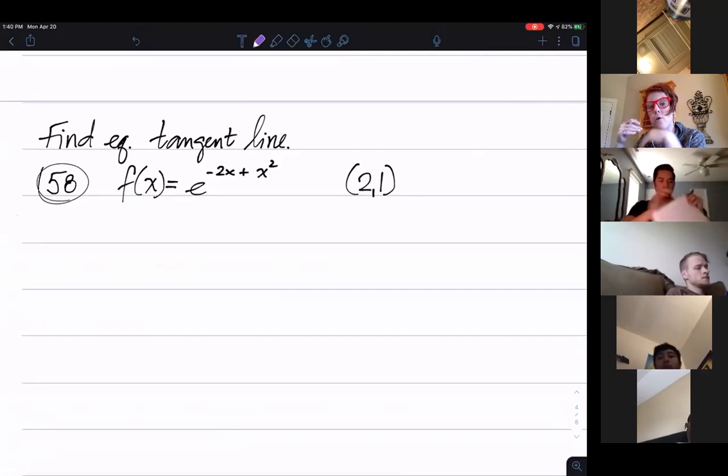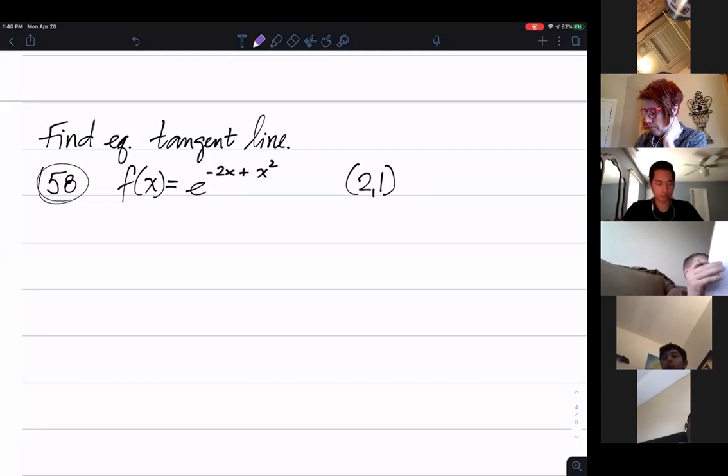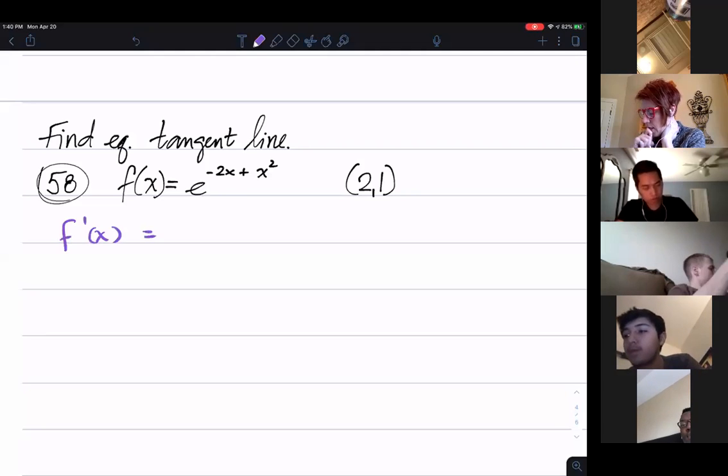So if I'm going to find the equation of the tangent line, what has to be my first step? Find the derivative. Okay, so f prime of x is equal to e to that whole thing, to copy the first one.